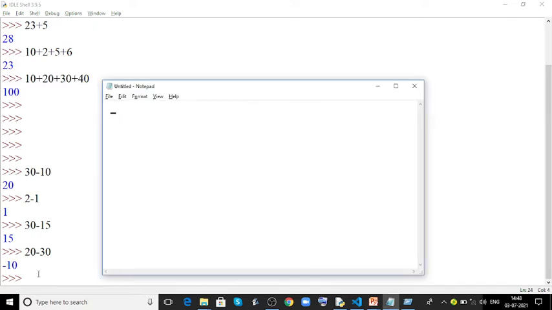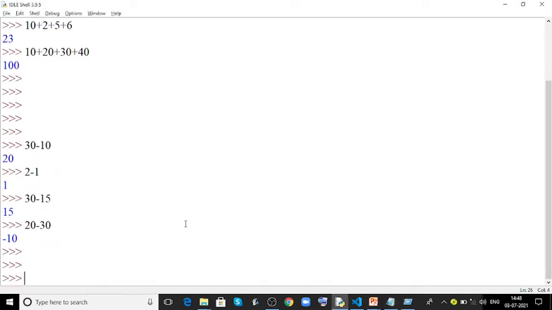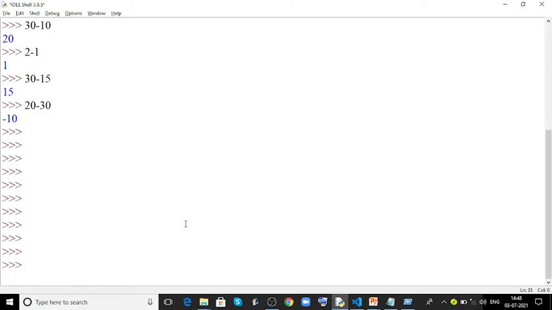Now the next operator is multiply. It also works the same as in your mathematics. So just 5 into 6. What is the answer? 30, right? 7 into 9.